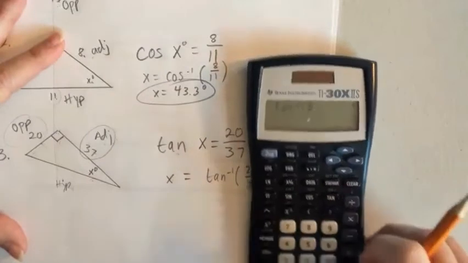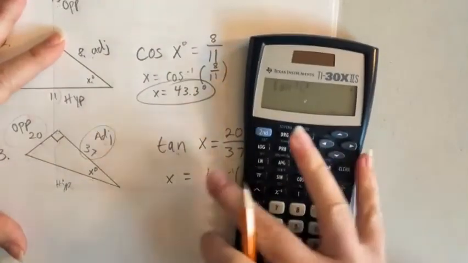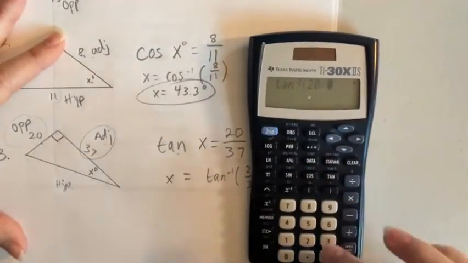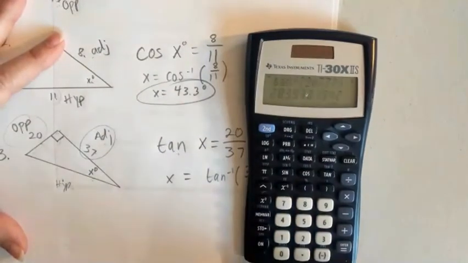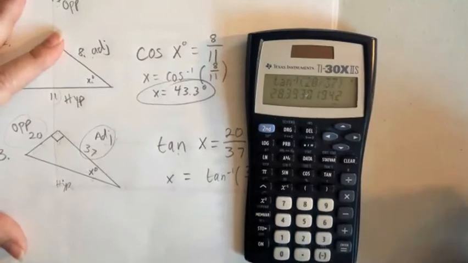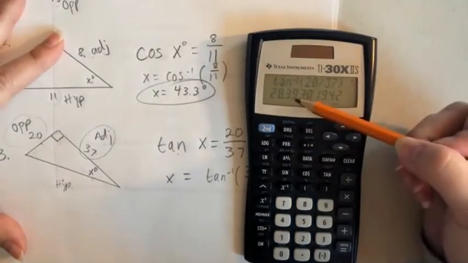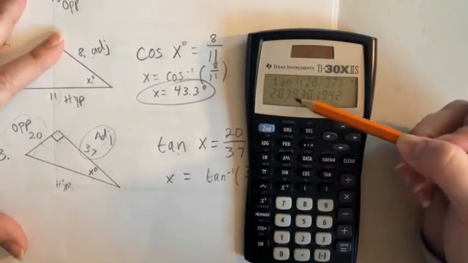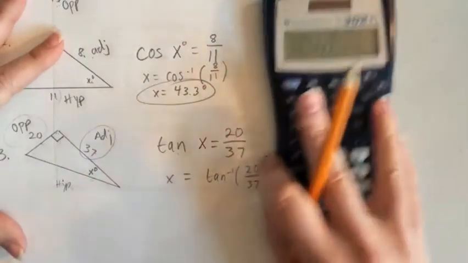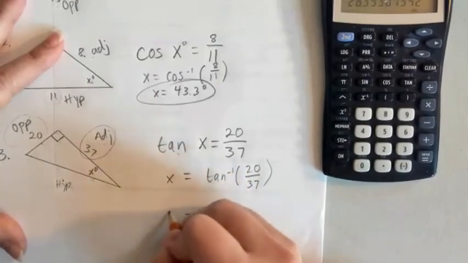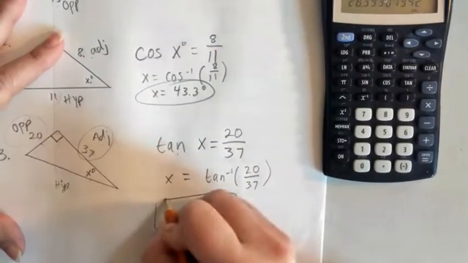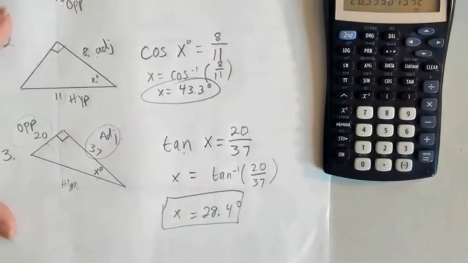Tangent is second tangent button. 20 divided by 37. That's what I get. How should I round this? What does the 9 do to the 3? Well, the 9 is 5 or more, so I add 1 more. I bump that up to 4. So 28.4 degrees. And there are our 3 examples.